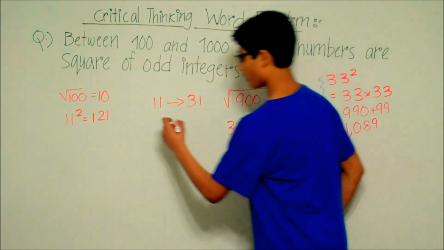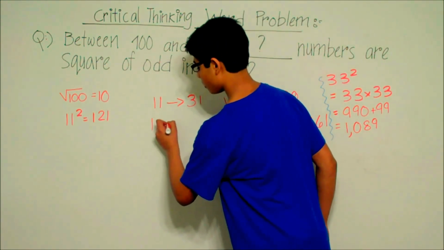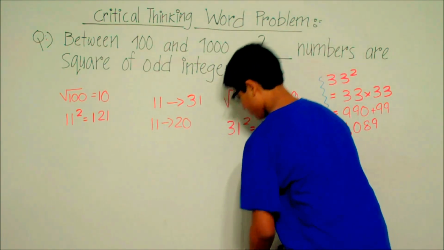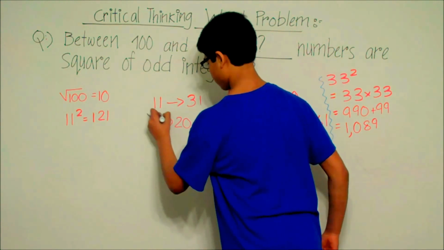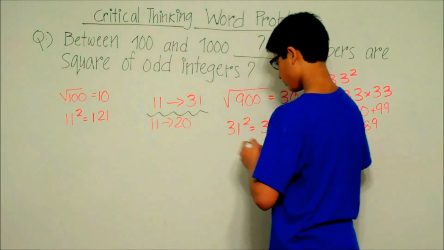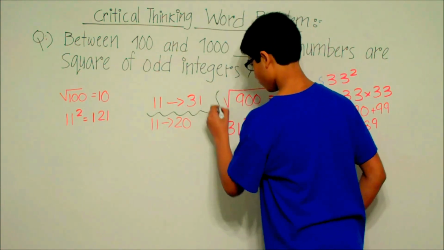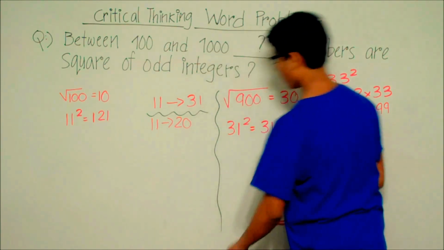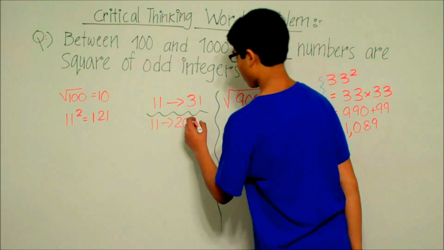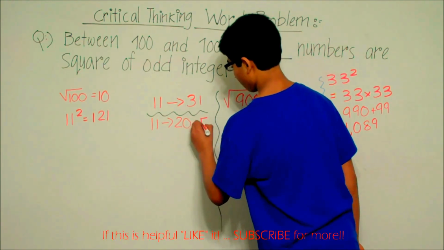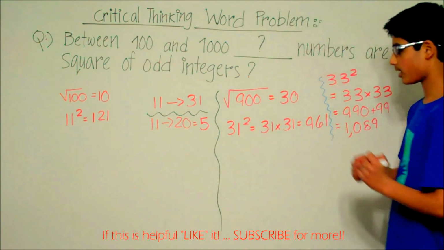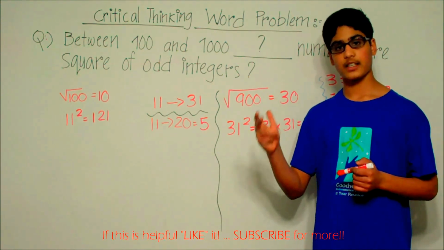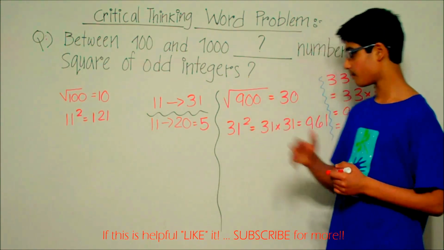Let's first do it from 11 to 20. From 11 to 20, there are 5 odd integers: 11, 13, 15, 17, and 19.